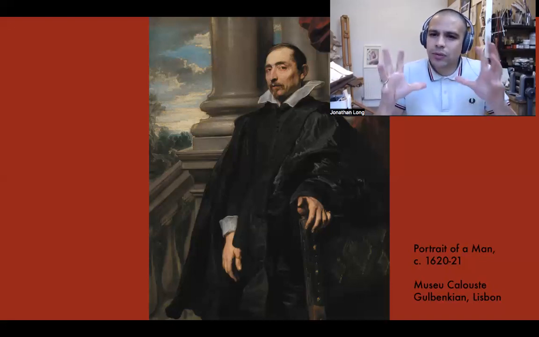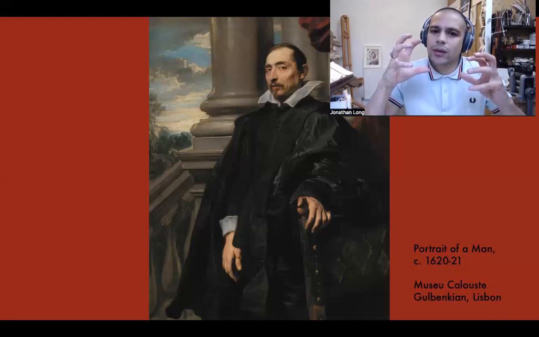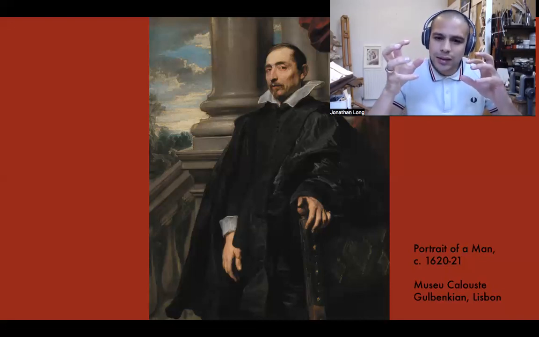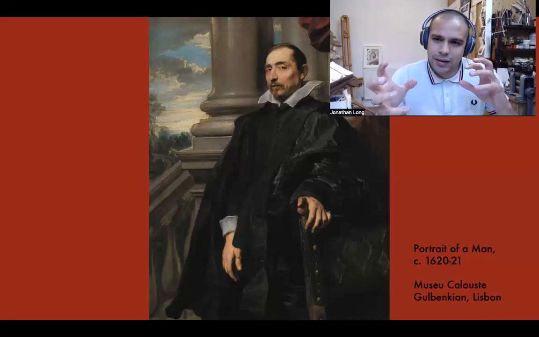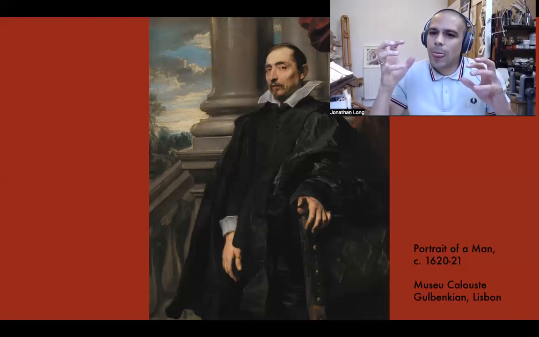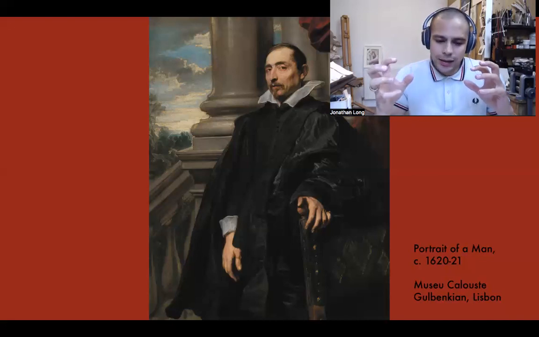And there is a bit of a conflict within the history of painting at this time. Because with Sir Anthony van Dyke, he doesn't just paint aristocrats, and aristocratic portraiture isn't the only type of portraiture in this early 17th century.